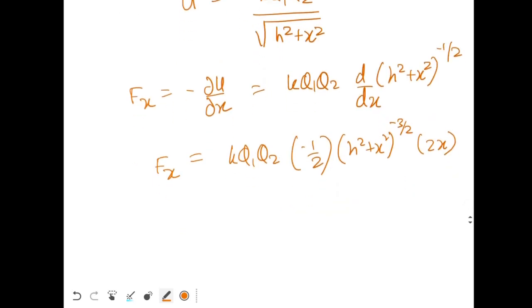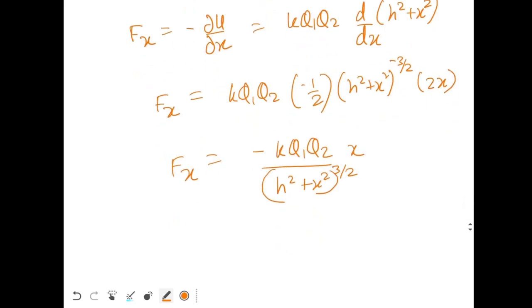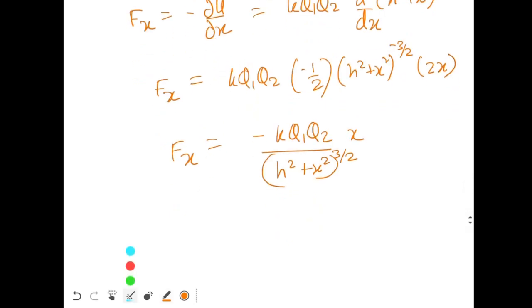This is the differentiation. So we get Fx equal to minus k q1 q2 by (h square plus x square) power 3 by 2 into x. If you ignore x in front of h, then Fx will be equal to minus k q1 q2 x divided by h cube.